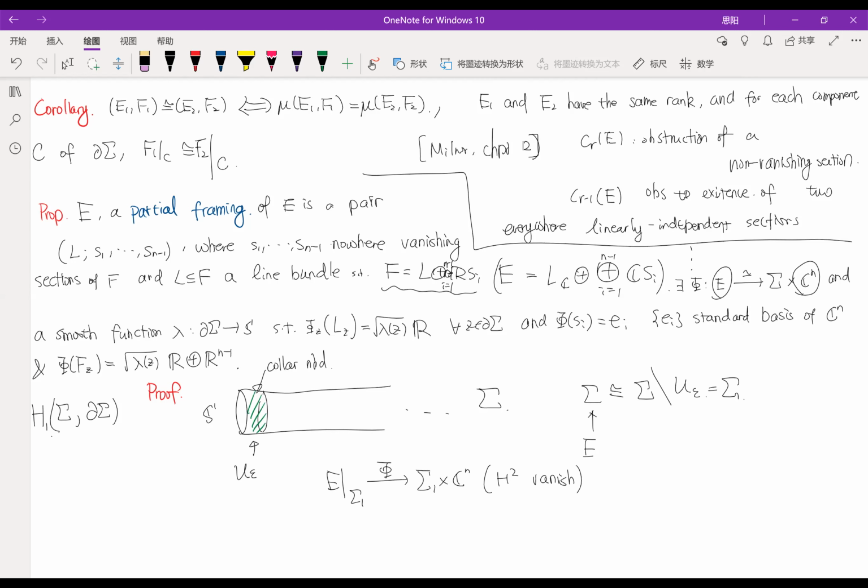So we always have a trivialization, and we want to deform it in this small neighborhood so that on the boundary it coincides with the framing.